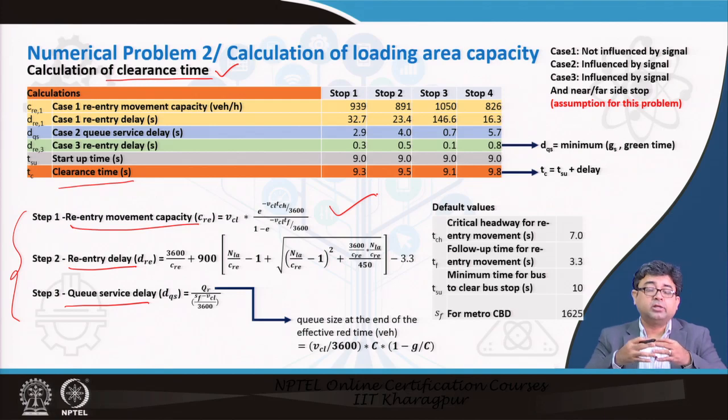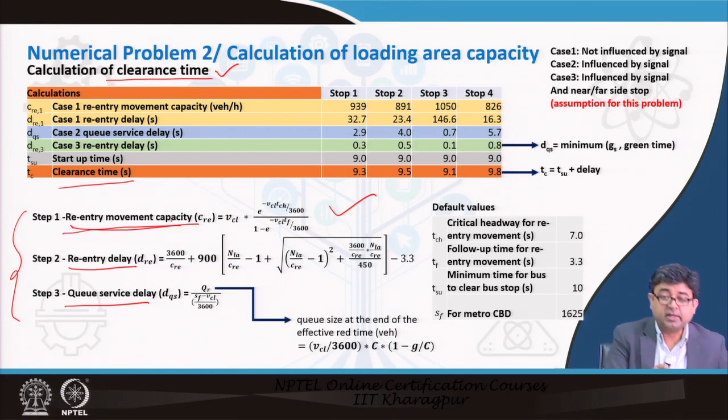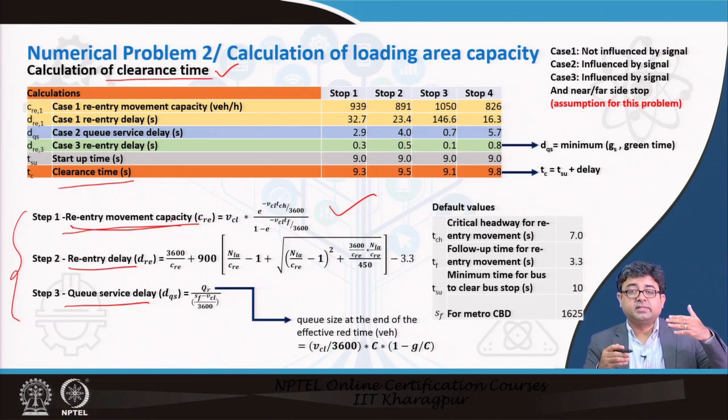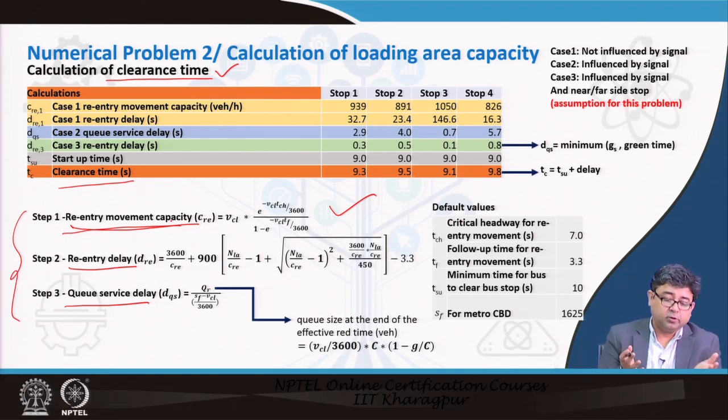Since you are trying to calculate the loading area capacity, the loading areas may be 1 or 2. What the loading area capacity depends upon is the re-entry movement capacity. Since these buses are stopped at the loading area, if they cannot re-enter the traffic lane, then the next bus cannot come into the loading area. So, the re-entry movement capacity affects the capacity of the loading area.